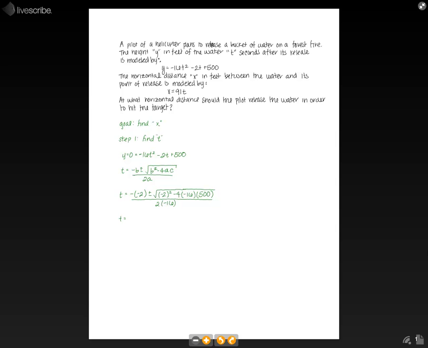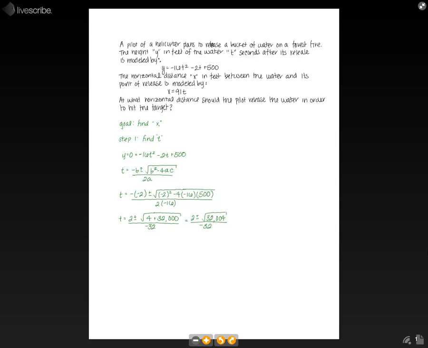Alright, so let's start simplifying under the square root. So we're going to get t equals 2 plus or minus the square root of 4 plus 32,000 all over negative 32. That's the same as 2 plus or minus the square root of 32,004 all over negative 32.